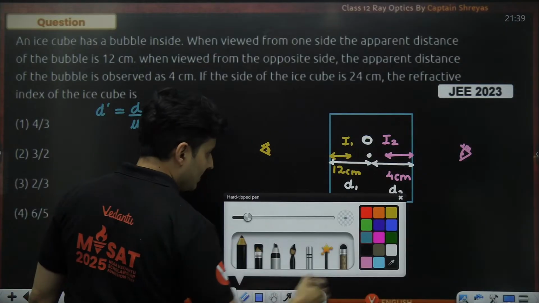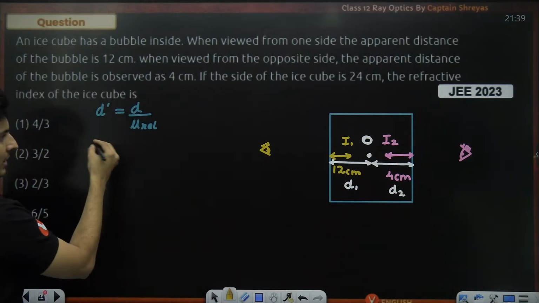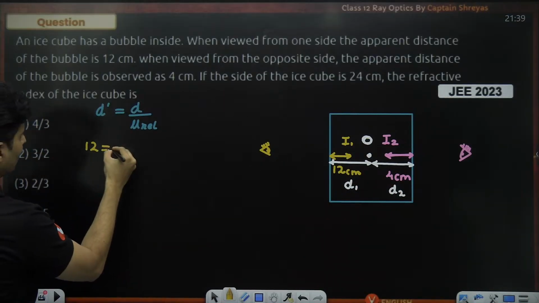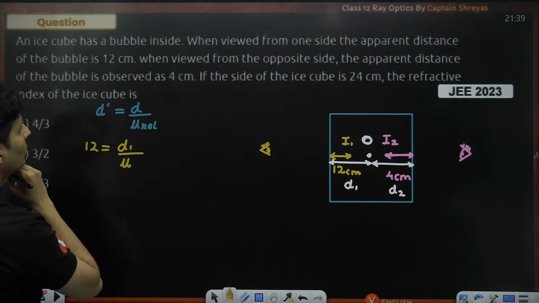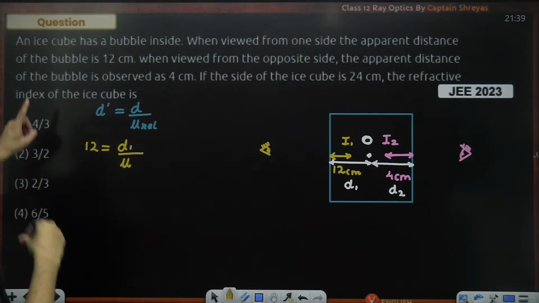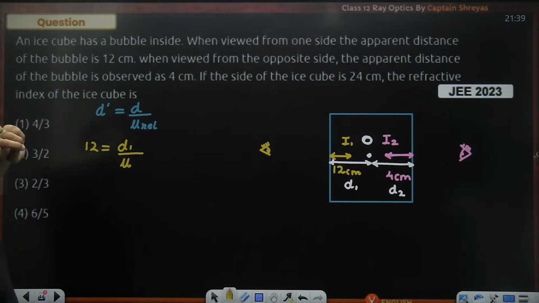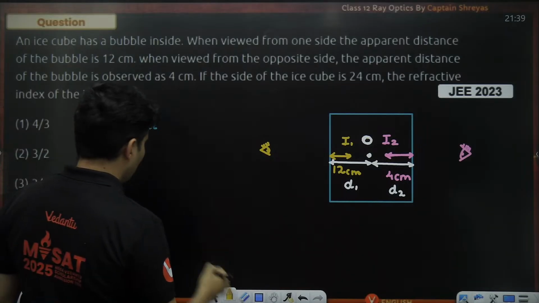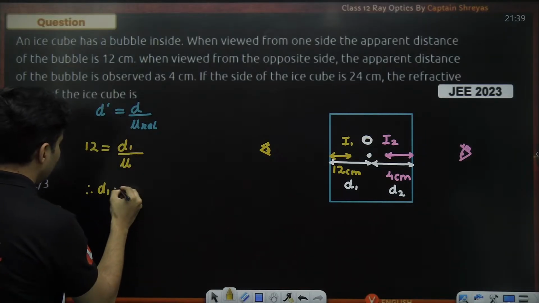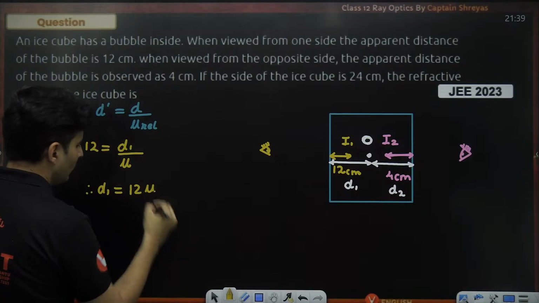So for the first scenario, the apparent depth is 12, the actual depth is D1, relative refractive index I do not know. But wait a minute, do I know D1 and D2? Maybe, an ice cube is inside. When viewed from the other side, I do not know D1 and D2 separately. From this, I'll just get D1 is equal to 12 times mu.